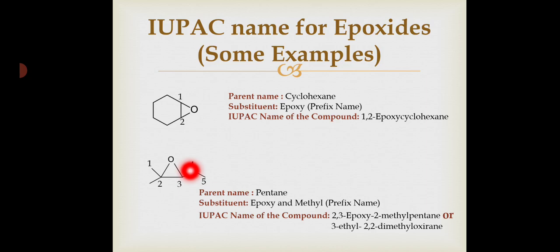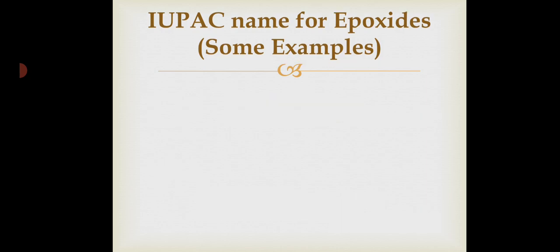So how are you going to name this compound? Ethyl should be named first, then methyl. So 3-ethyl 2,2-dimethyl oxirane. So I am showing you both ways of naming. But when we go to a longer chain, the epoxy method is more preferred than the Oxirane method.